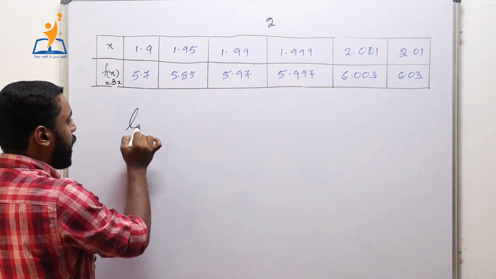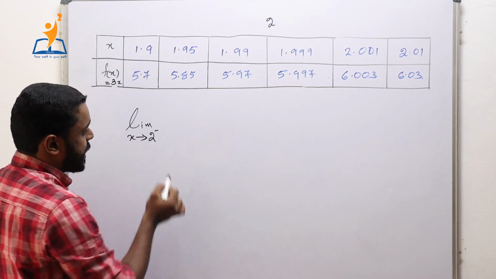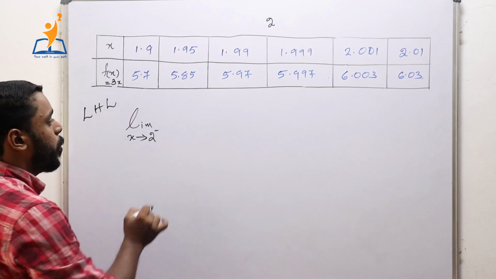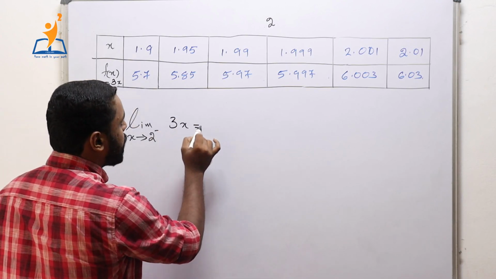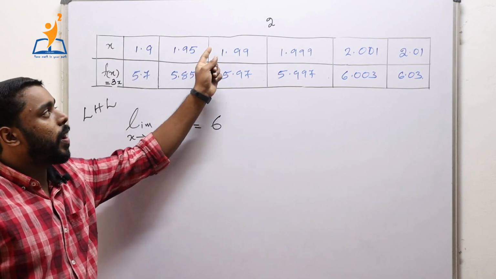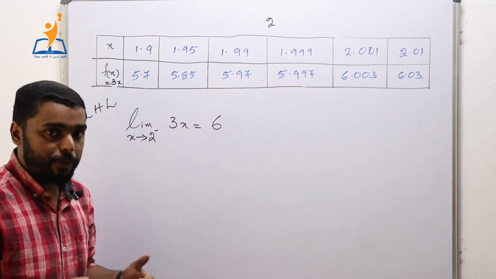Hence we can write this as limit x tends to 2 minus, this is the left hand limit, of 3x is nothing but 6, as the input values approach 2, the output values approach 6 from the left side.